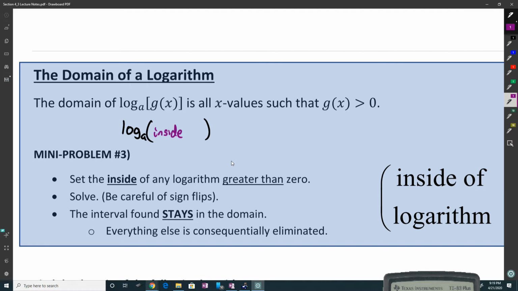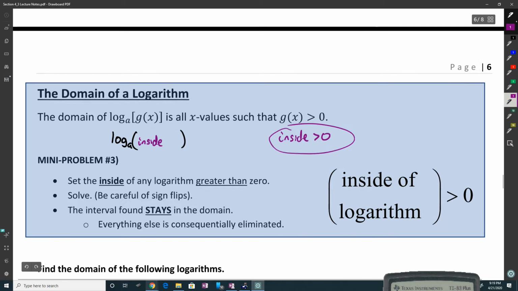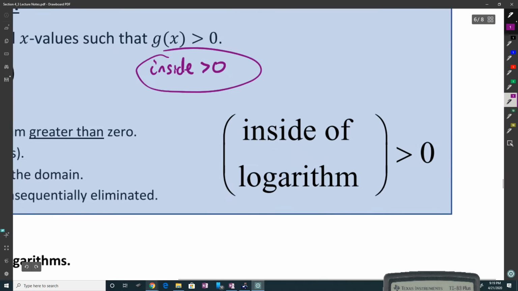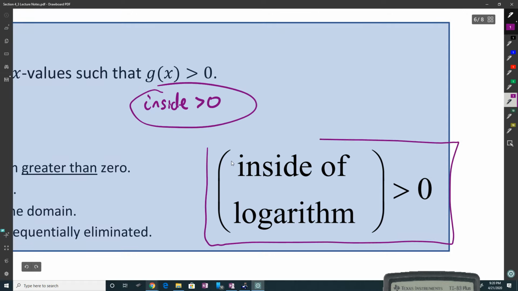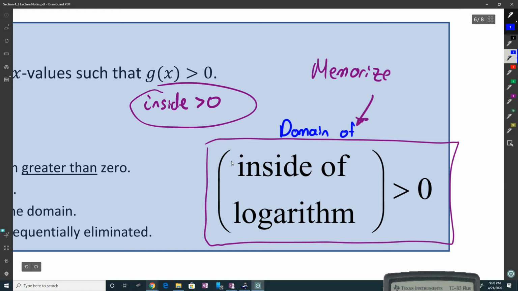And the domain is all values such that the inside is greater than 0. Okay? And this ends up becoming its own mini problem. You have to memorize this. If you're looking for a domain, remember this is the domain of a log. The inside of a log has to be greater than 0.